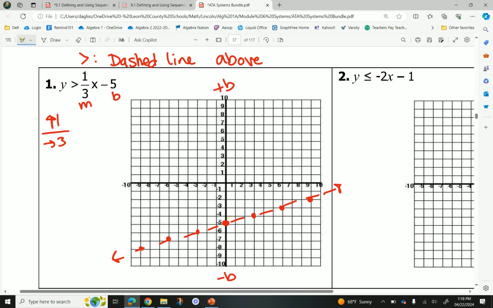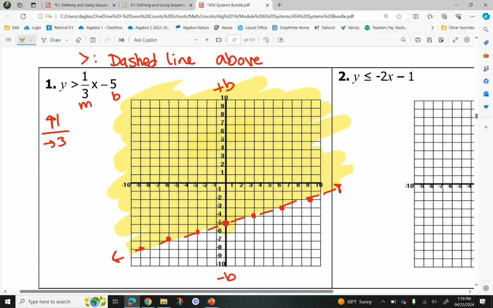It's always a safe point to use because we plot it anyway. Above that is going to be all of this. Don't shade dark, shade light. But this is all of my shade. That entire area is the answer. If I plug in any of those points into my equation, it's going to work.